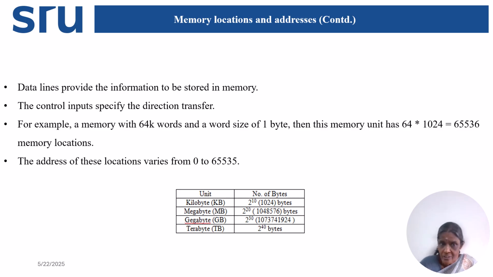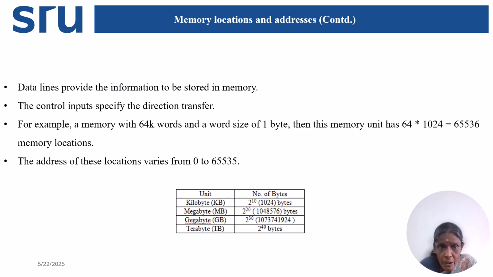For example, a memory with 64 kilobyte words, 64K words, and a word size of 1 byte. Normally 1K means 1000, but in this case we should not say 1000, it is 1024. 1K means 1024.